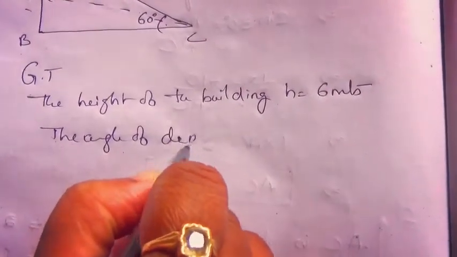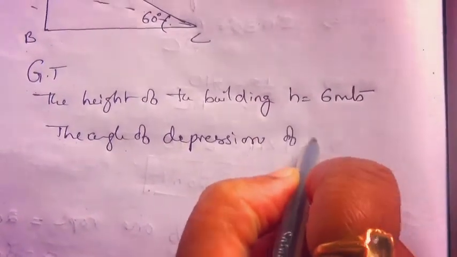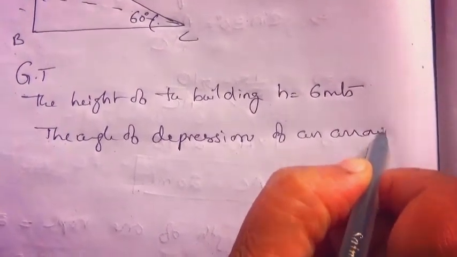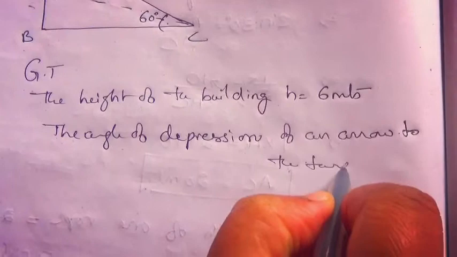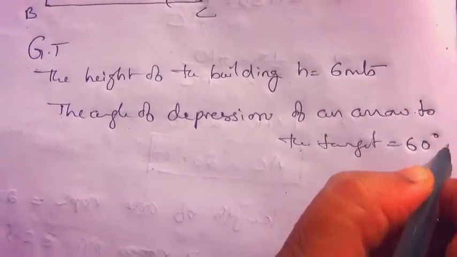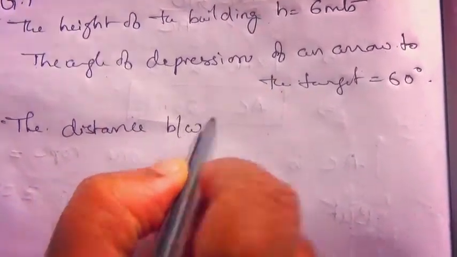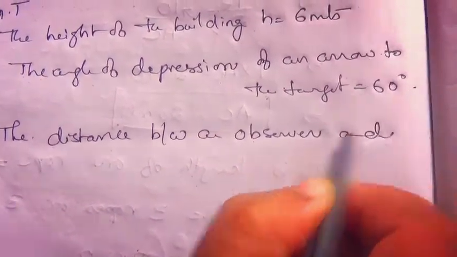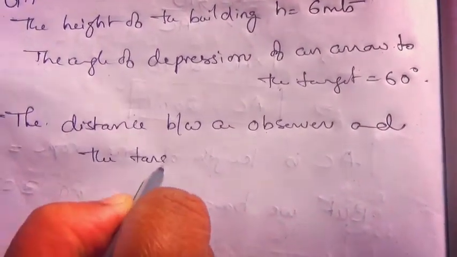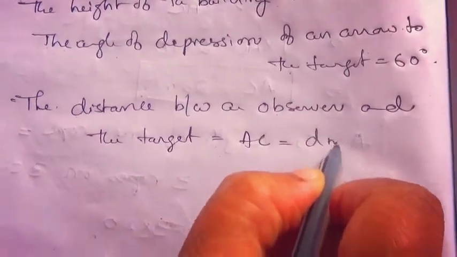The angle of depression of an arrow to the target is equal to 60 degrees. The distance between an observer and the target is equal to AC, that is equal to d meters.